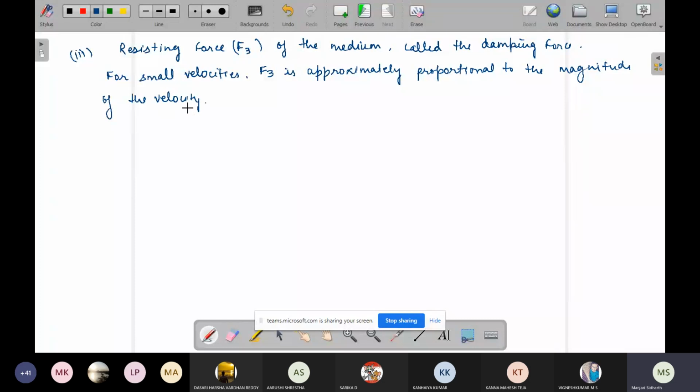So when the mass is moving downwards, F3 acts in the upward direction. Okay, so it is also negative.